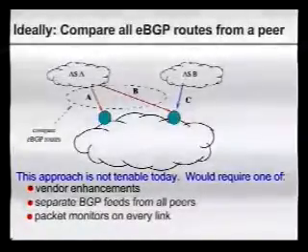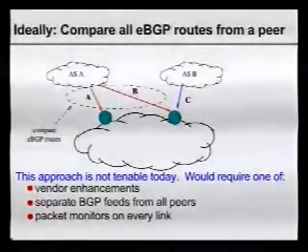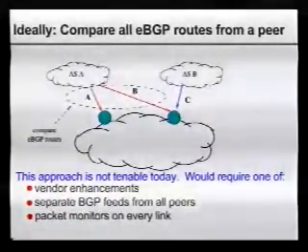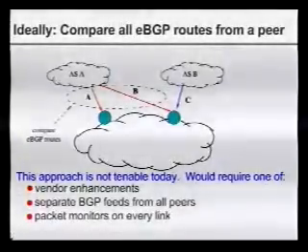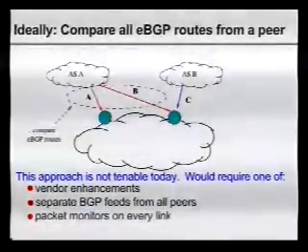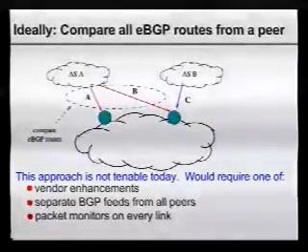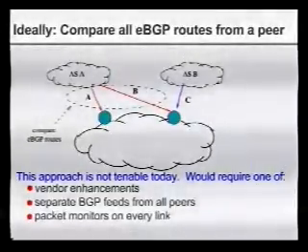One way to do this would be to require the vendor to tell me all the eBGP routes I'm getting in real time. Another way, assuming you trusted your peer and it wasn't doing this inconsistent advertisement intentionally, is you could say, could you send me an eBGP feed of your routes at a separate router so I can monitor them?